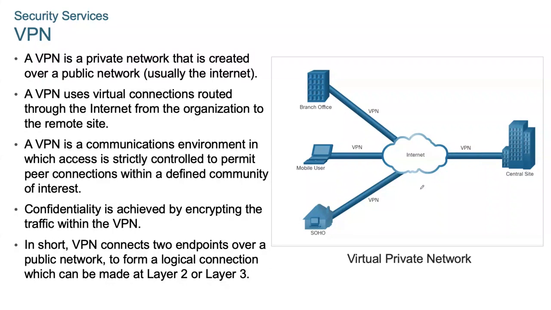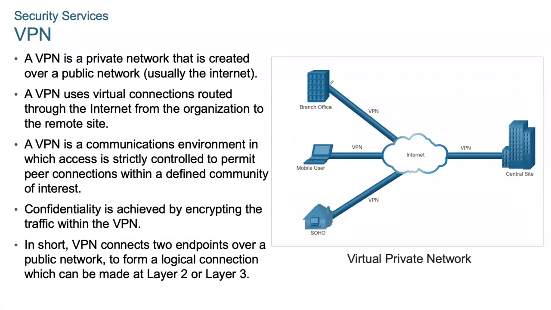So this VPN uses this virtual connection route through the internet between your organization and your remote site. Whatever traffic is going from this branch office to this network, the tunnel is not shared by the other branch users.